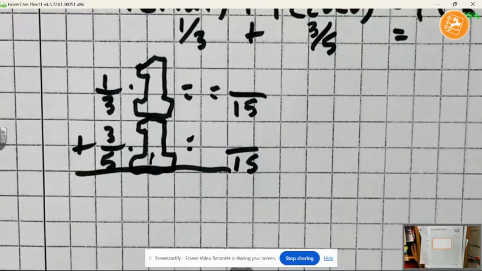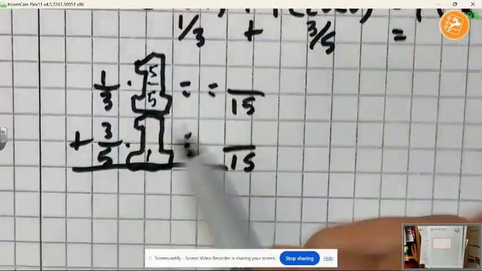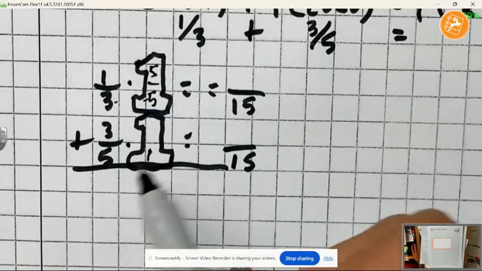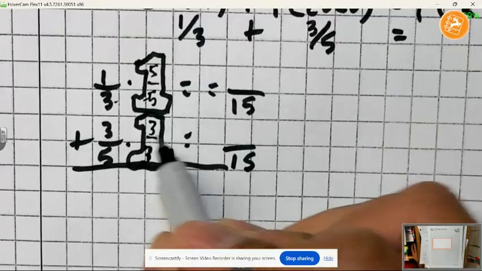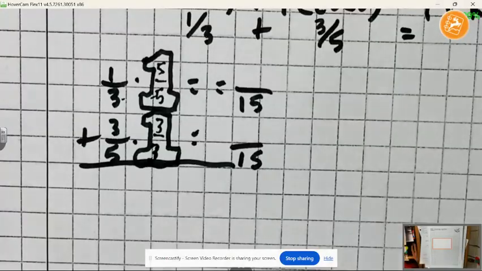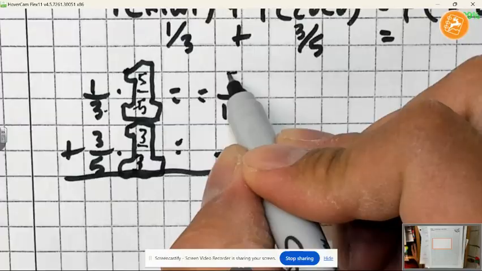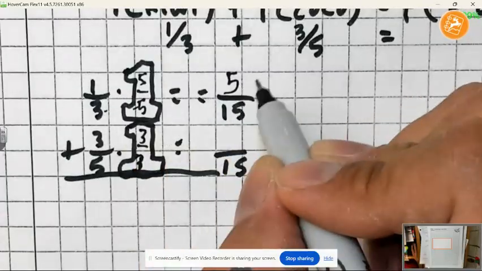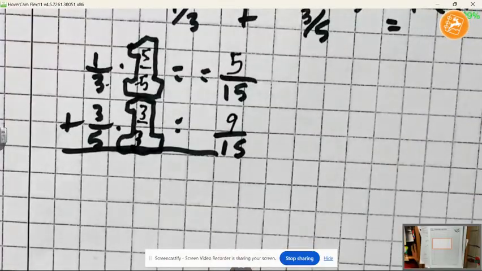All right, so you should have answered. I'm going to multiply this by 5/5 because 3 times 5 is 15, and then I'm going to multiply this one by 3/3. That's my giant 1 for this one. 5 times 3 is 15. So that gives me my numerators. If I go across, 1 times 5 is 5, 3 times 3 is 9.